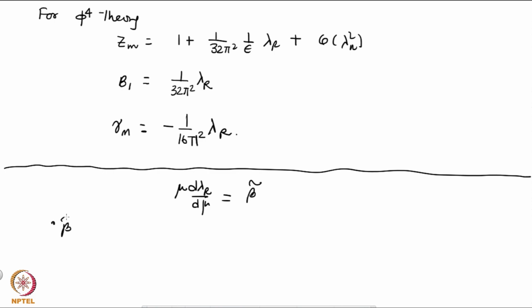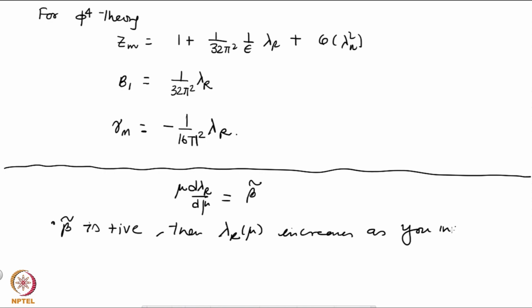So if beta tilde is positive, then lambda r of mu increases as you increase mu.